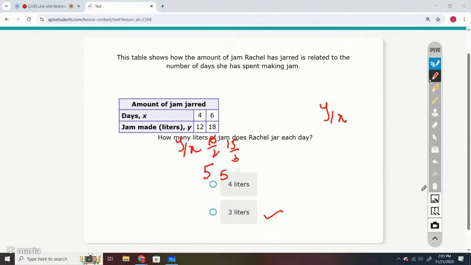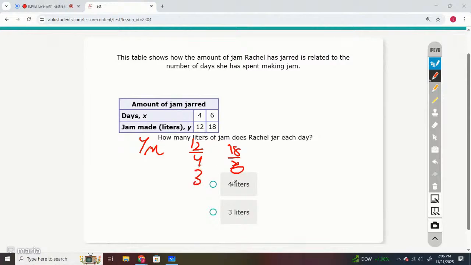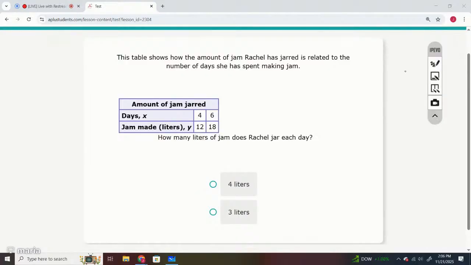Let's do y by x, that is 12 by 4 and 18 by 6. So 4 times what number is 12? 4 times 3 is 12 and 6 times 3 is 18. So the constant of proportionality is 3 liters. The correct option is 3 liters.